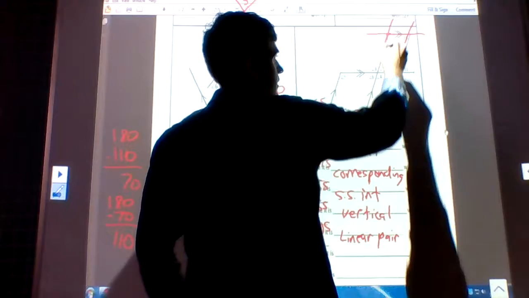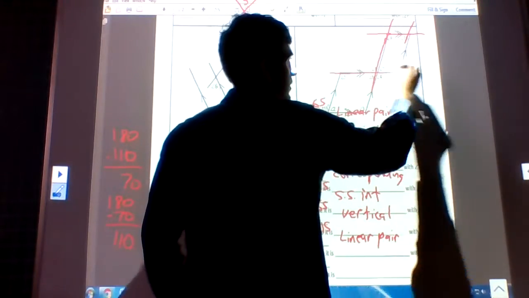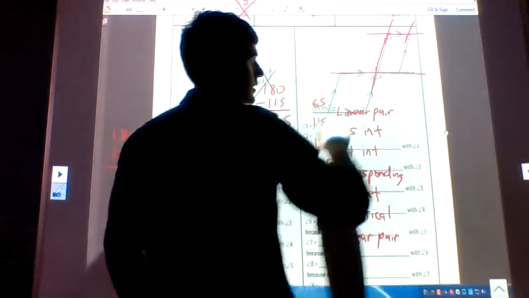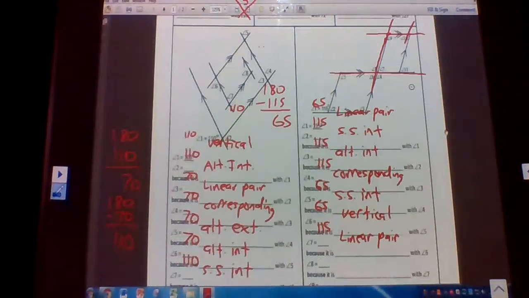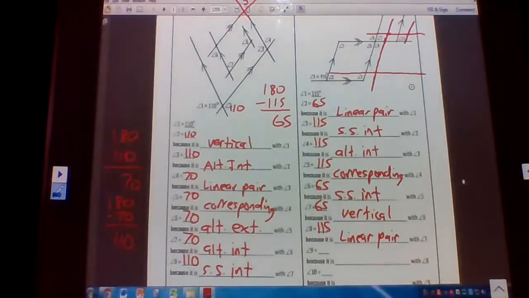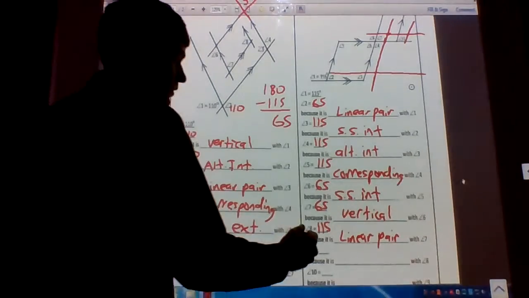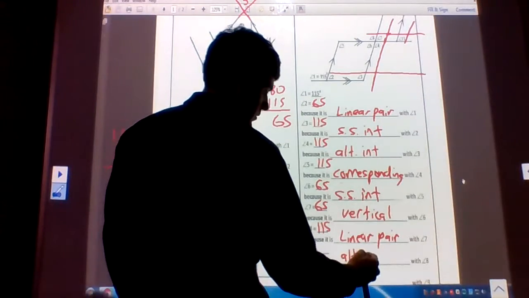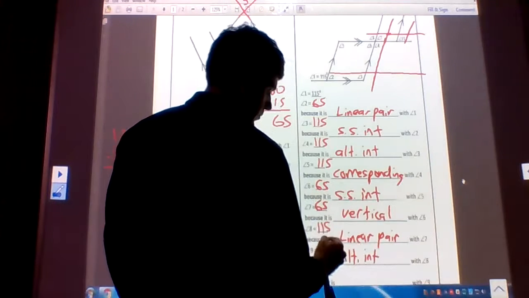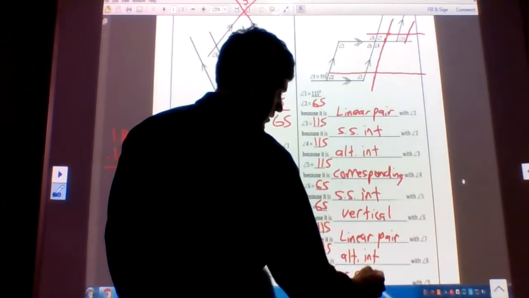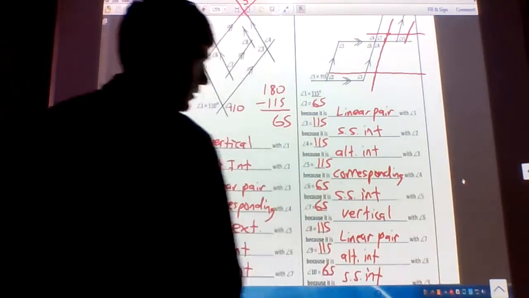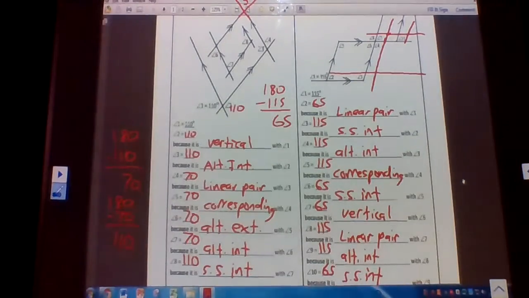So 8 and 9 here are going to be alternate interior, and then 9 and 10 are going to be same side interior. So this is going to be alternate interior. So that means this is 115, and then we have same side interior. So the measure of angle 10 is going to be 65.